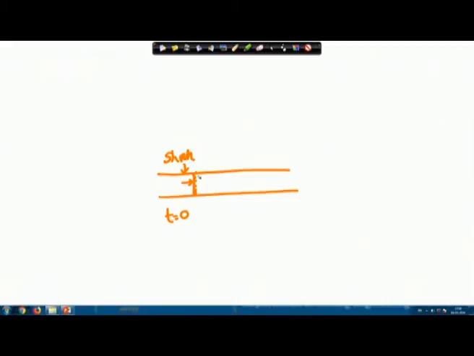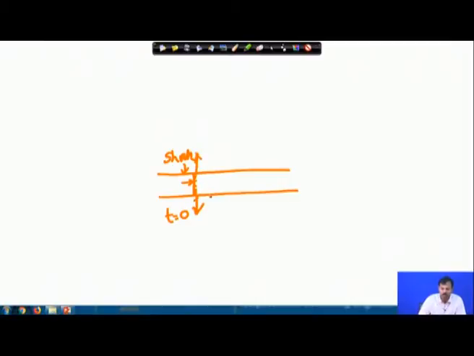So, at t equal to 0, the shock will come out from this portion of explosive in all directions. Similarly, it will travel in this direction also through the explosive column, and this shock will start initiating the explosive.